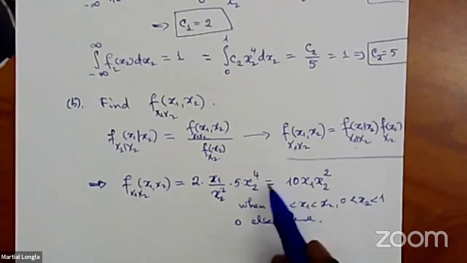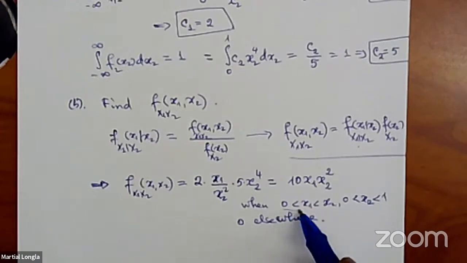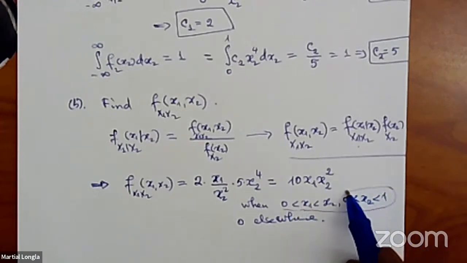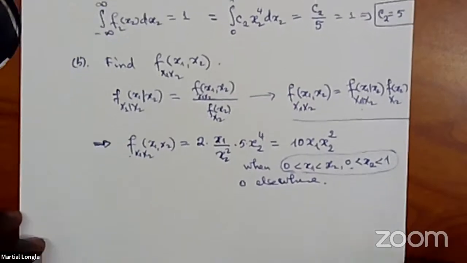So that's what the joint distribution is, and this is what we usually call the support of the vector x1, x2, because out of that range, that vector has probability 0, the density is 0, no value there has a probability. So this would be the joint distribution of x1, x2.